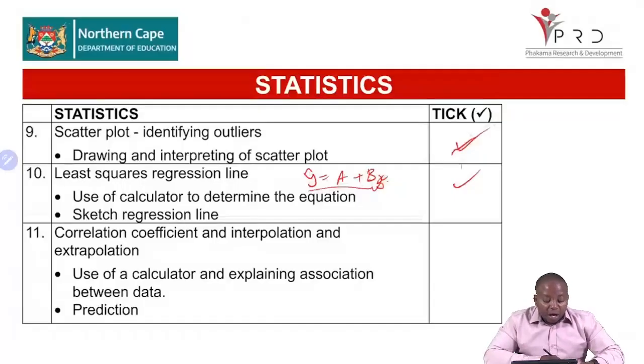Number 11, when you're dealing with bivariate data, we must be able to find the correlation coefficient, and do interpolation and extrapolation.